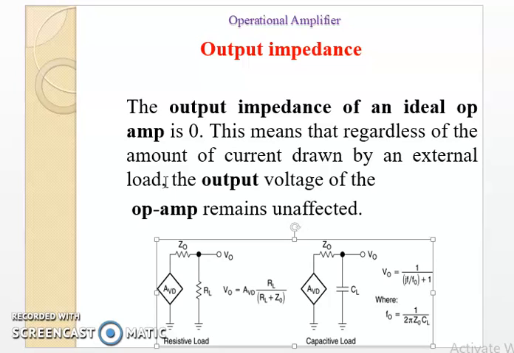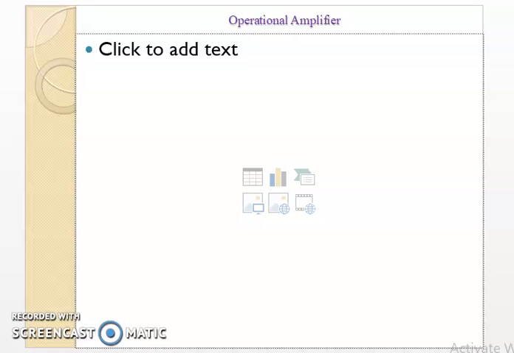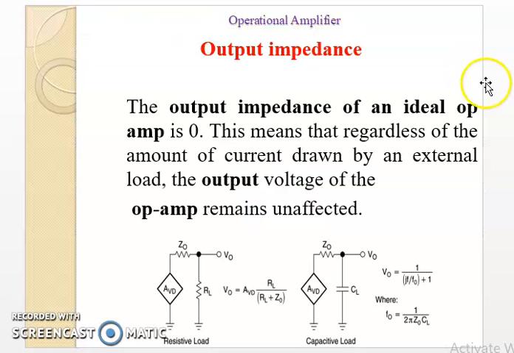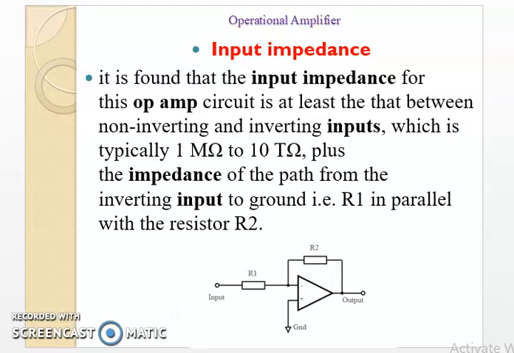It remains constant. It will not affect. So in this way, the output impedance of the operational amplifier is 0, or we say very, very less, minimum. High input impedance, low output impedance is expected for better operational amplifier purposes.